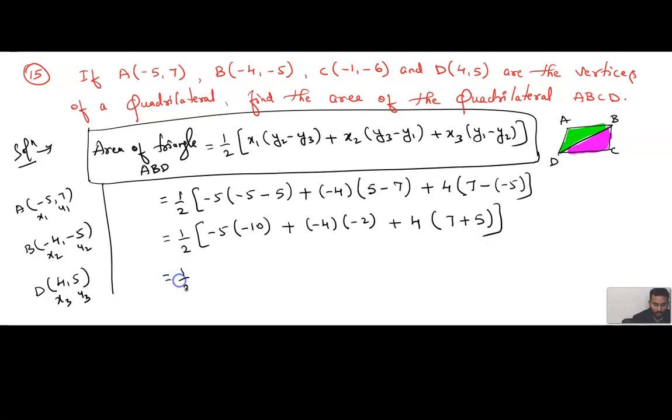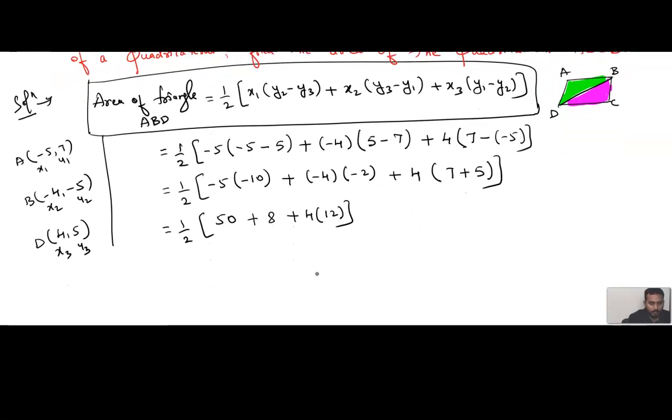Then half into minus into minus, plus 5 times 10 is 50. Now minus into minus is plus, plus into plus is also plus, 4 times 2 is 8. Then plus 4 into 12. Close the main bracket.